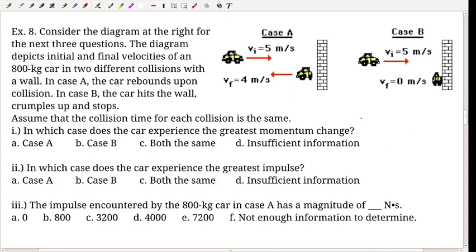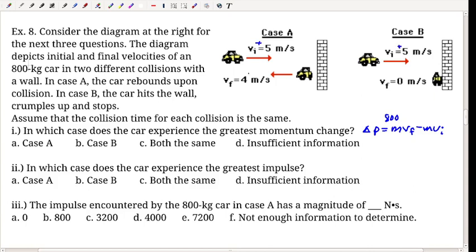Change in momentum, we know, is going to be mv final minus mv initial. And in both cases, my mv initial is the same. So this part isn't going to change anything in terms of my momentum change. I could use my 800 kilograms. This is going to be 800 here. And in one case, so this 5 is positive because it's going to the right, it's going to the east, whatever you like.